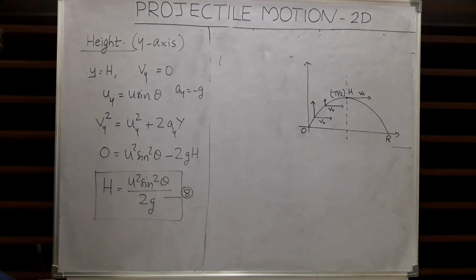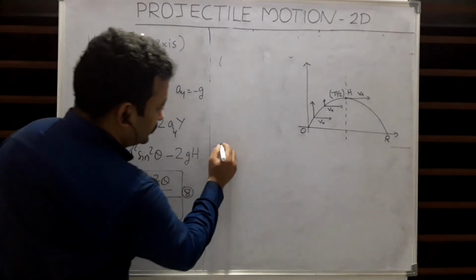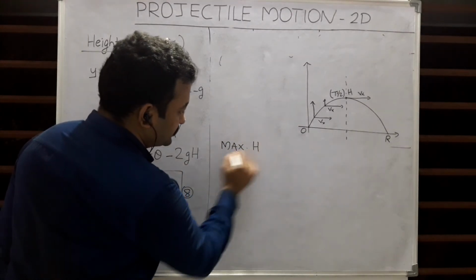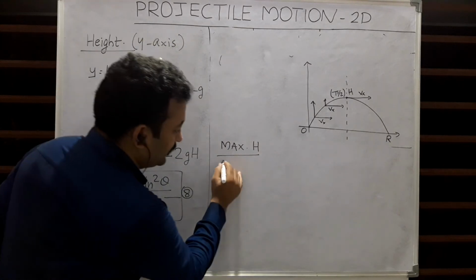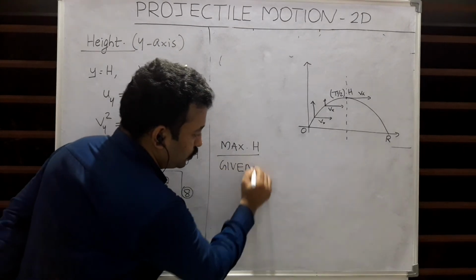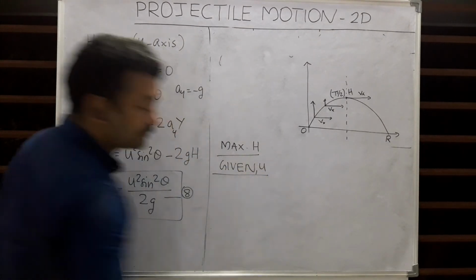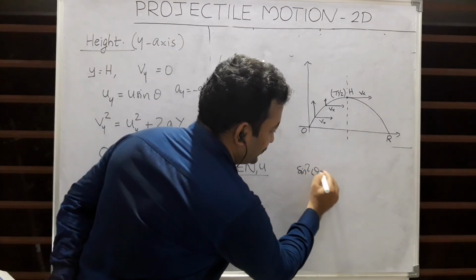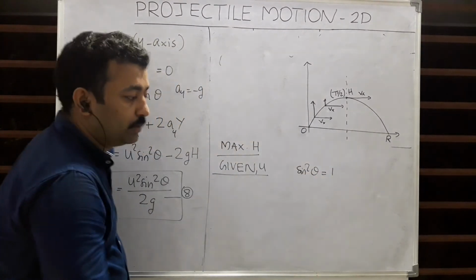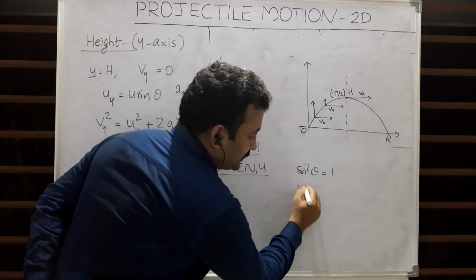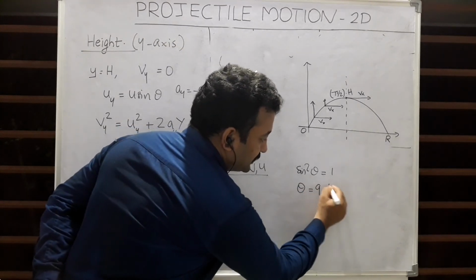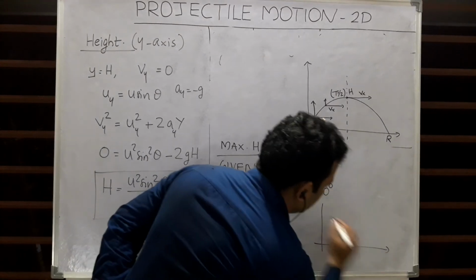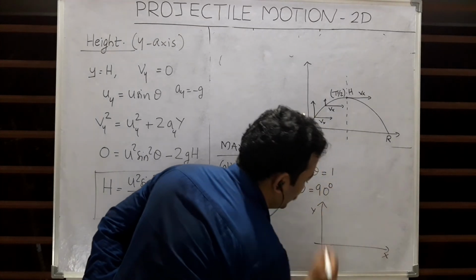Now here also we can see when this will become the maximum h for a given value of u, which is constant. When will that happen? That will happen when sine square theta is equal to 1. When sine square theta is equal to 1, this implies that theta is 90 degree. Theta is 90 degree means this is x and this is y.